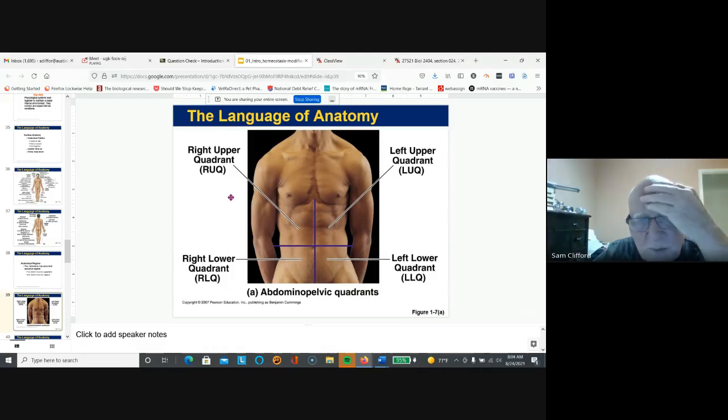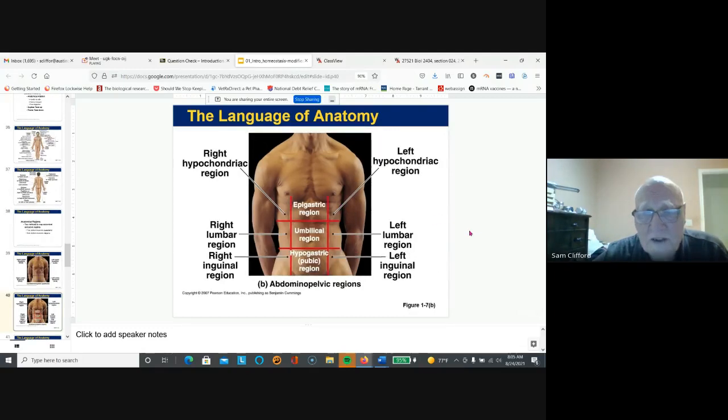So when a surgeon is recording a surgery and where he made an incision, if he makes it in the right upper quadrant, on the lateral part of your stomach or your abdominal region, these terms are used to describe disease conditions or surgeries and so on.